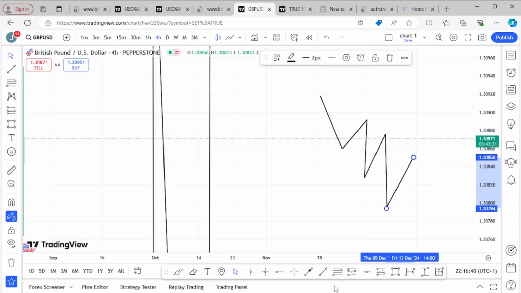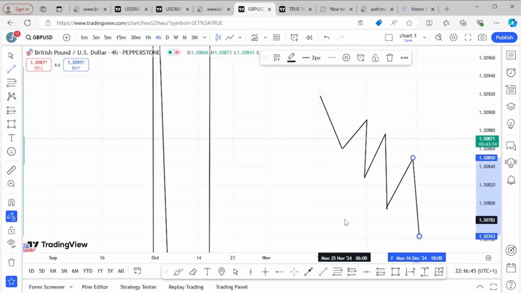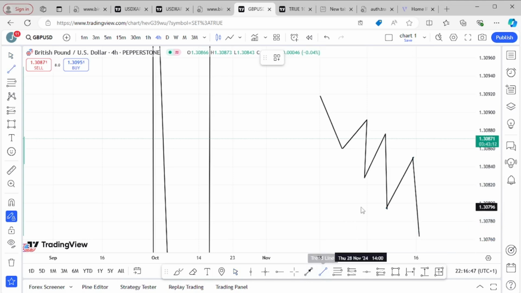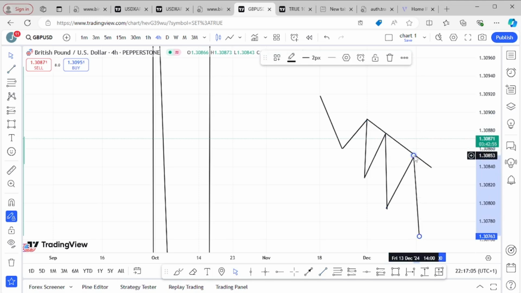Let me add one again. Lower low. So what you need to do is carry your drawing tool and draw here. You see here, even though this didn't touch, it's still okay, because you have gotten the first one. This is the first one, this is the second one, and let me just adjust this so that it will touch.